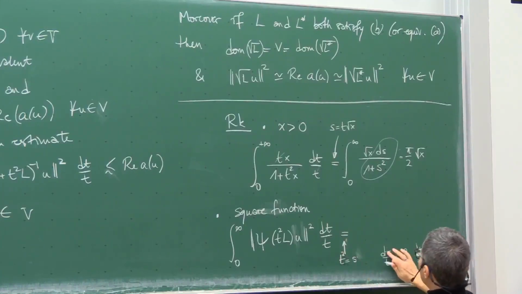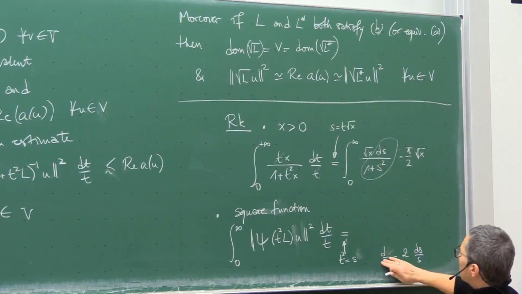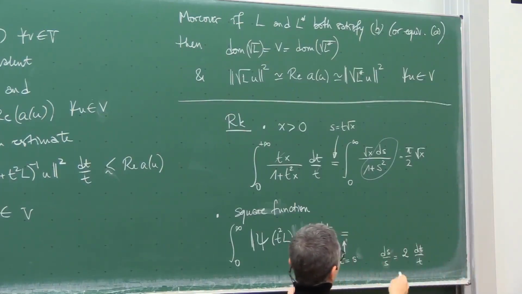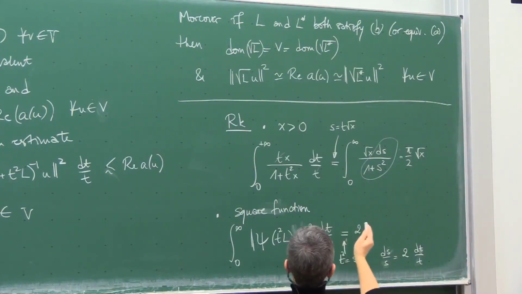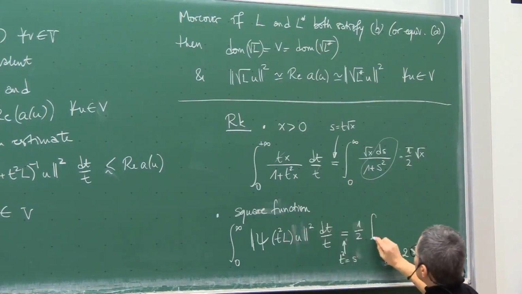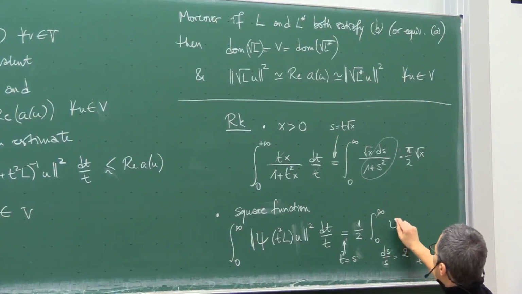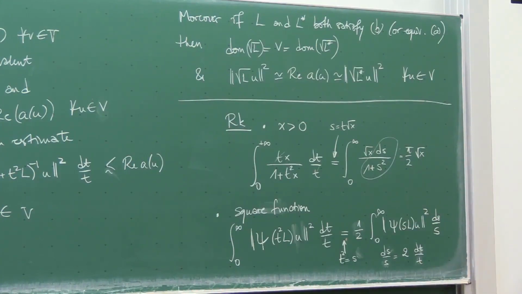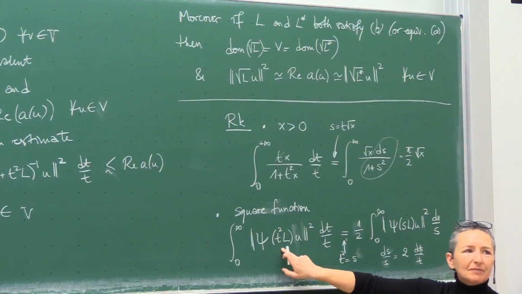So ds over s is 2 times dt over t. So this one would be, no, 1/2 integral from 0 to infinity of psi of sL u, squared, ds over s. Right? So that's just to show you that whether you have a t squared or a t, it's the same.